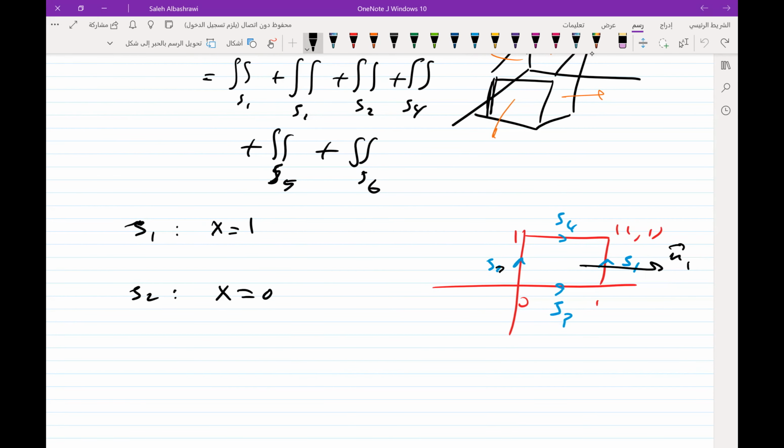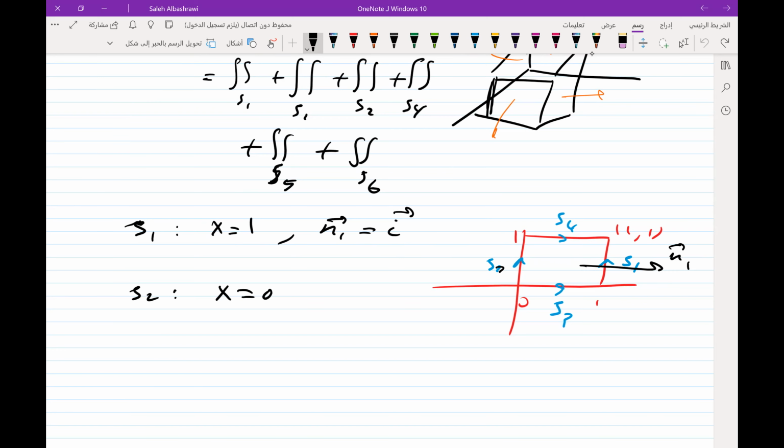It is in the positive direction, so we need the unit vector in the positive x direction, which is i.